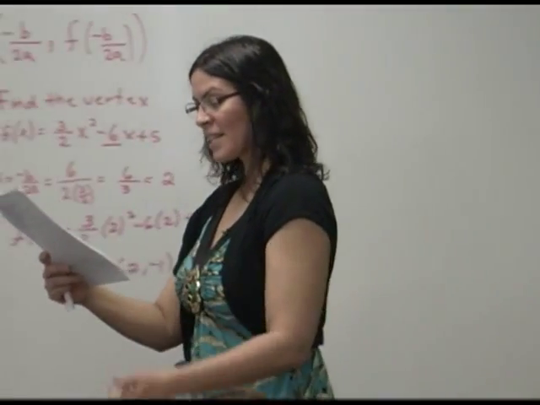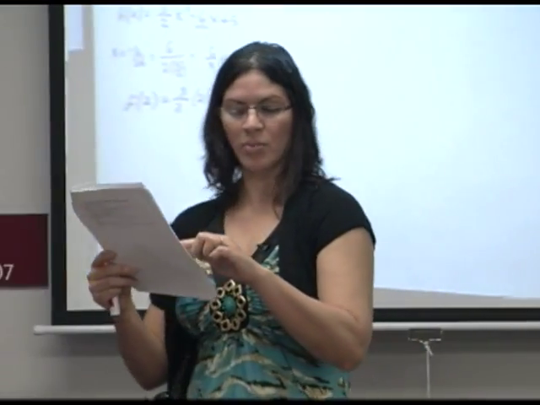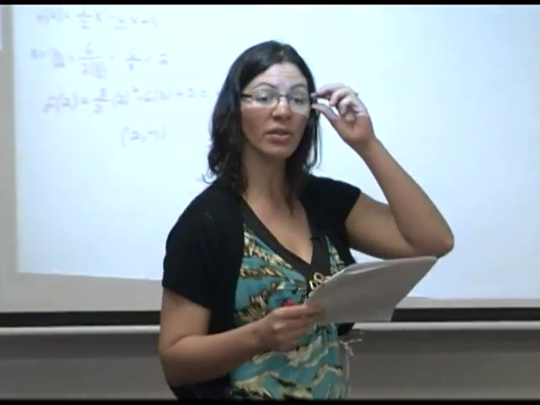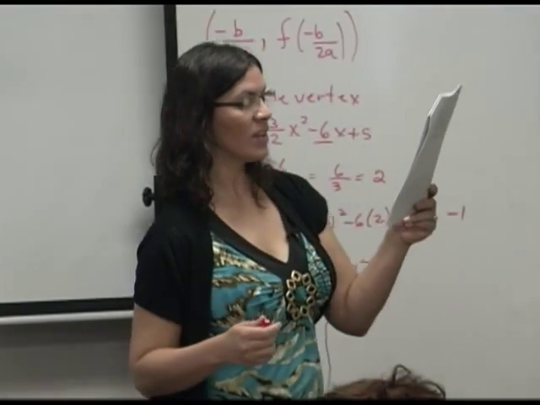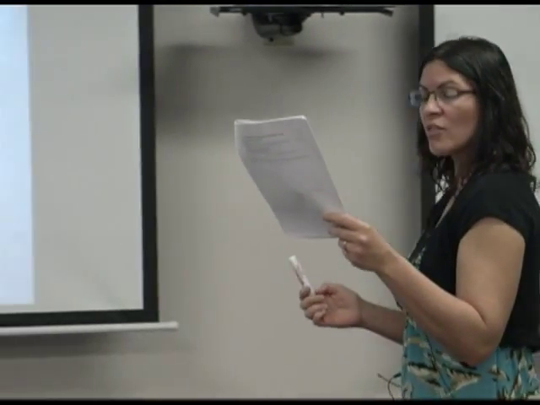Where was my problem? Oh, right here. This is problem 3.3.4, if you guys have your reviews in front of you. A model rocket is launched with an initial velocity of 112 feet per second from a launch pad at a height of 20 feet.